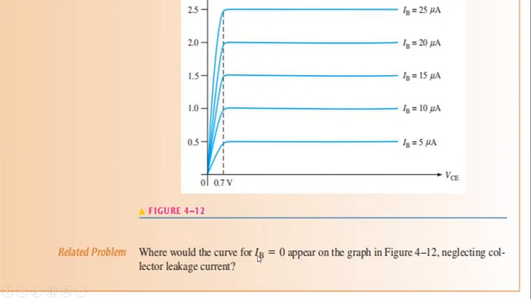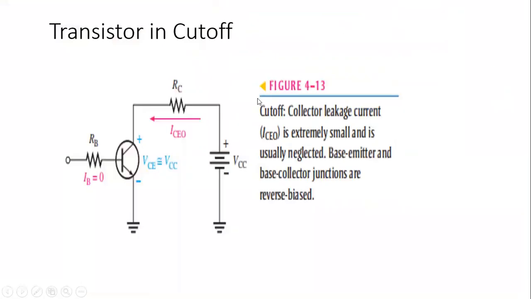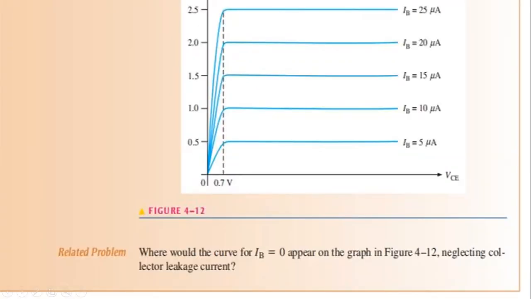Now suppose the question arises, when base current is 0, where will that leakage current line be? It will lie exactly over here.